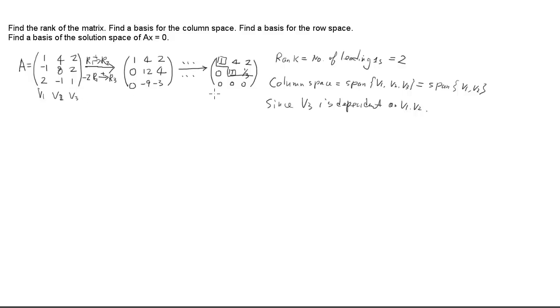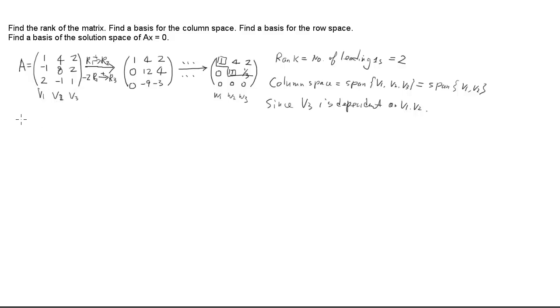And these are w1, w2, and w3. Then these two columns are linearly independent because they have leading ones. So the corresponding vectors are linearly independent.